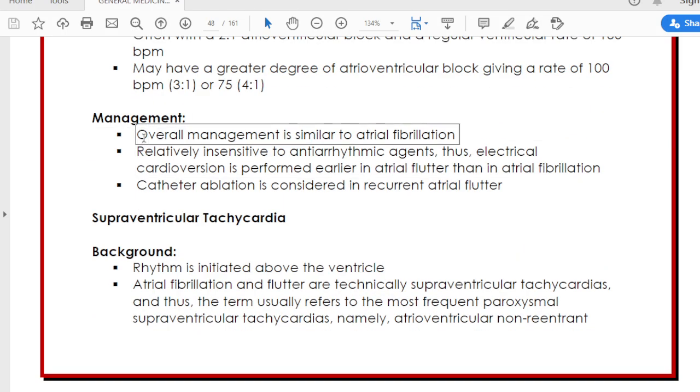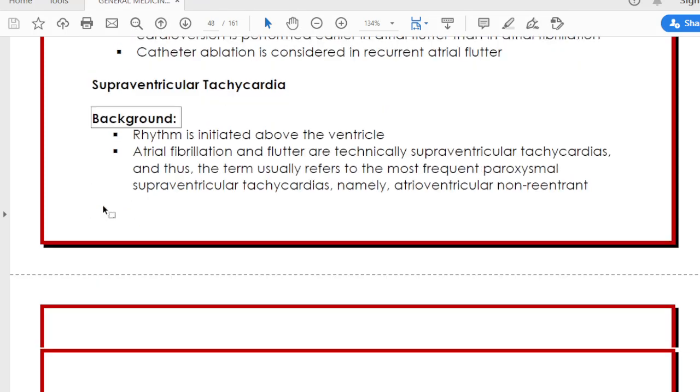Management. Overall management is similar to atrial fibrillation. Relatively insensitive to antiarrhythmic agents, thus, electrical cardioversion is performed earlier in atrial flutter than in atrial fibrillation. Catheter ablation is considered in recurrent atrial flutter. Supraventricular tachycardia. Background.